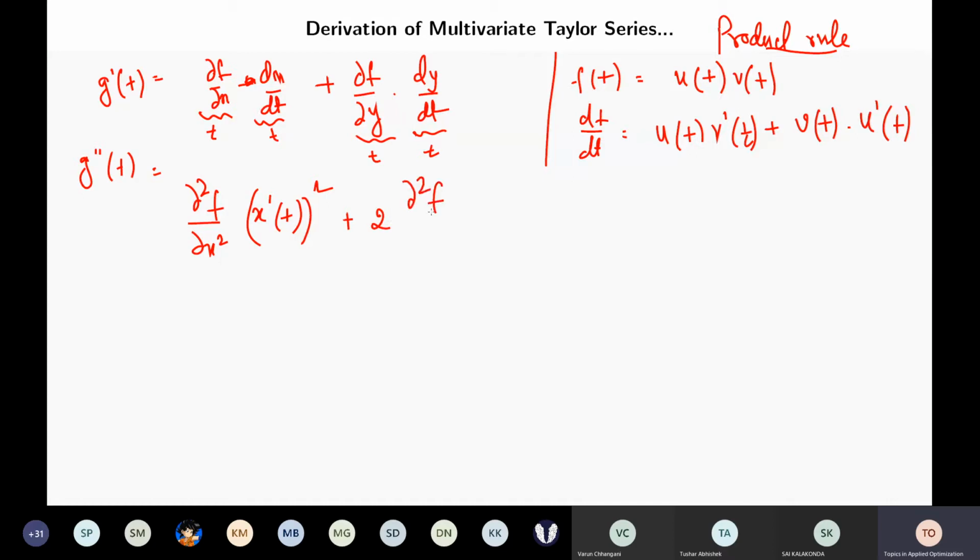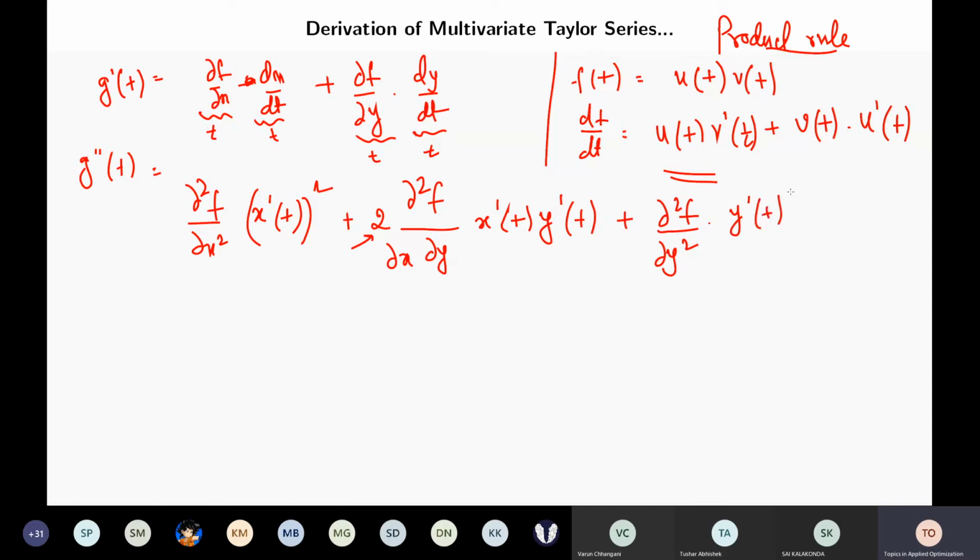I'm not going into full detail of this because I have given you the hint of what I have used here: del 2f by del x del y and then x prime t y prime t. Due to the product rule, I will have two terms coming, and I will get them added, and then I will have del 2f by del y square, and then y prime t whole squared. So after applying the product rule, that's what I get.